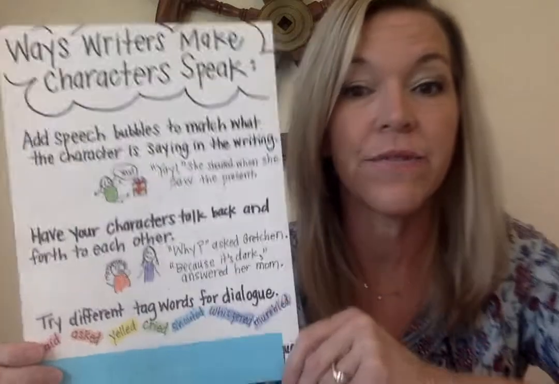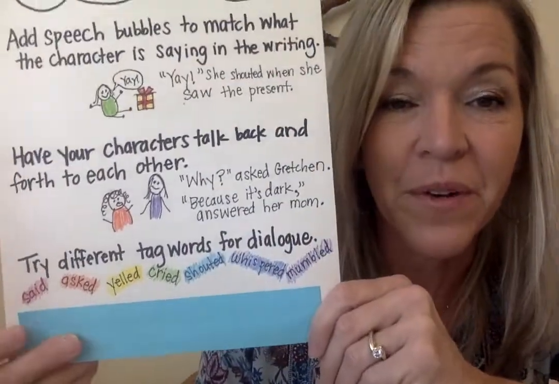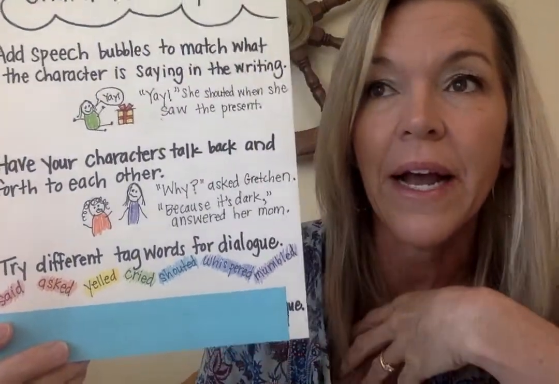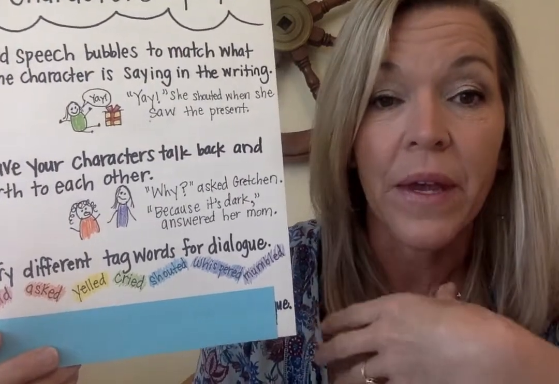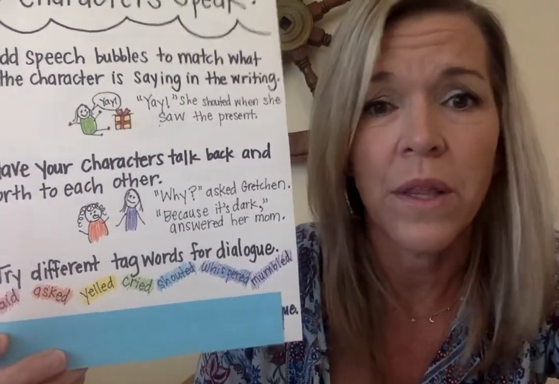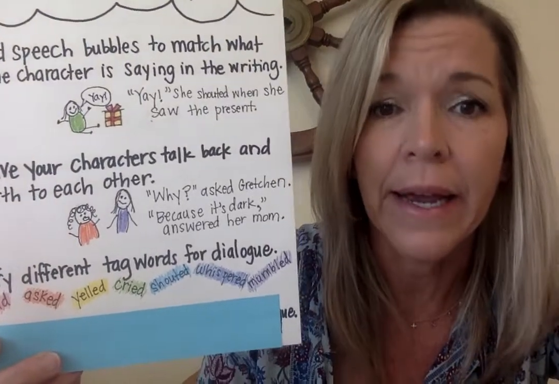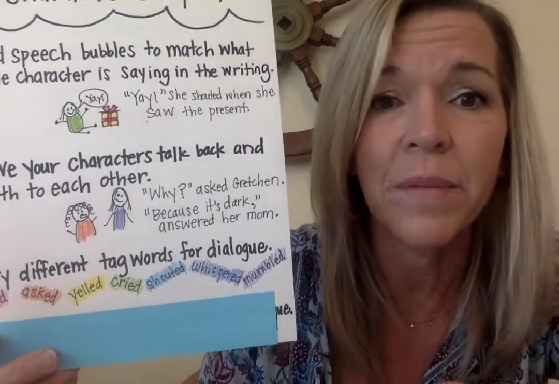A third way you can work on what your characters are saying in your stories is you can try using different tag words. So a lot of times when I'm doing my writing, I say the word "said" a lot. "I don't want to go to the library," said Anna. "I want to play with my friends."